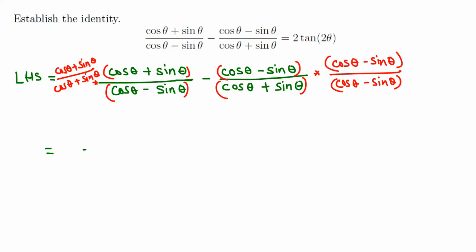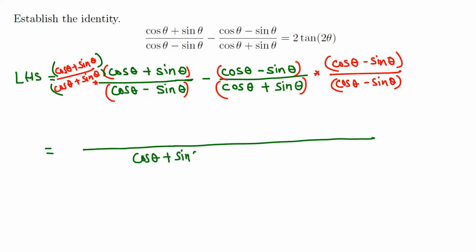Now we have the common denominator, and we can put parentheses around it: cosine plus sine times cosine minus sine, same thing here. Now on the top we need to multiply these two binomials, cosine plus sine times cosine plus sine, pretty much the same.